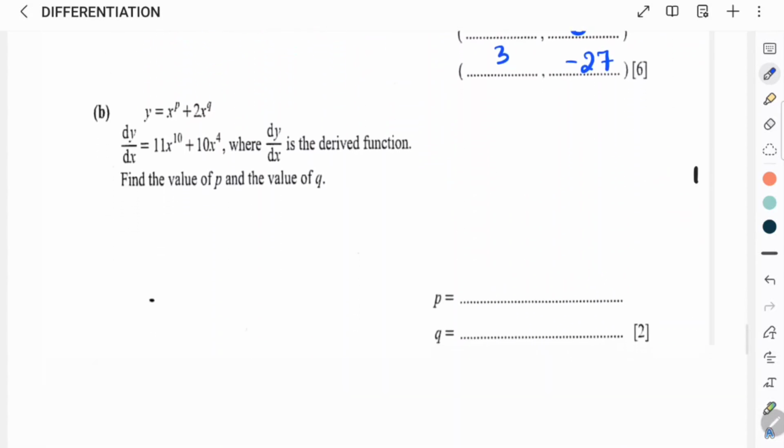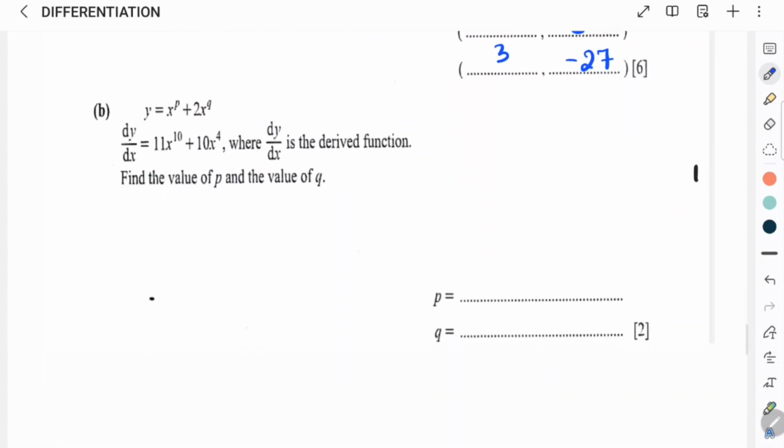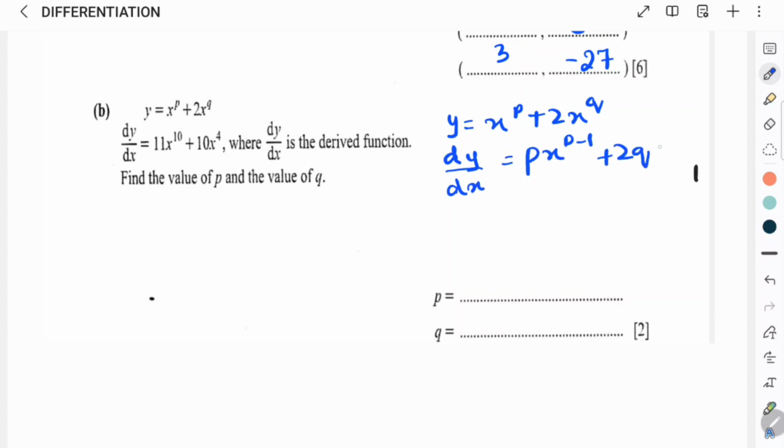The next part, B: y is equal to x to the power p plus 2x to the power q, and dy upon dx is equal to 11x to the power 10 plus 10x to the power 4. So we also have to differentiate this equation. dy upon dx is equal to p x to the power p minus 1 plus 2q x to the power q minus 1.